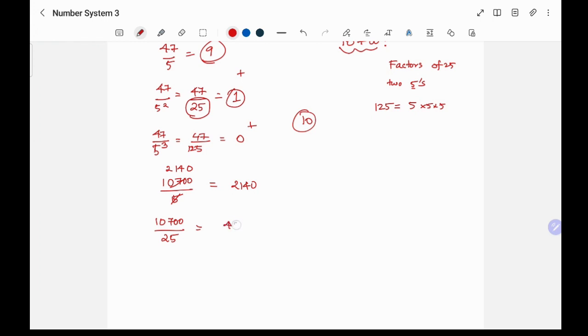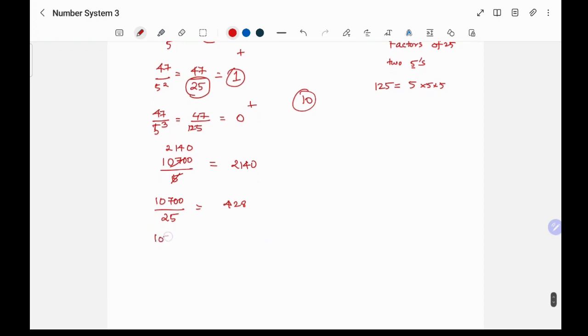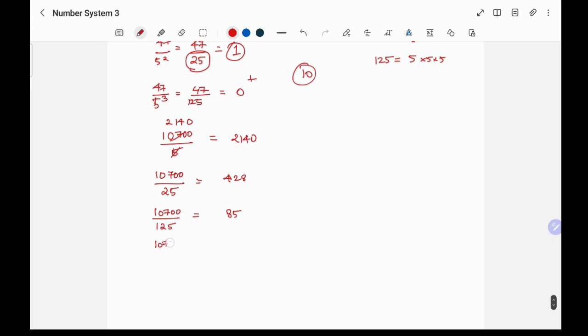This gives 428. Again, 10700 divided by 125 gives 85. Then 5 power 4, which is 625, gives 17.